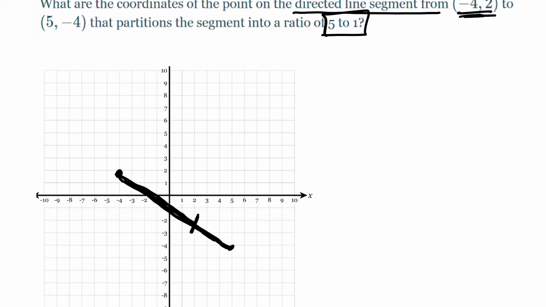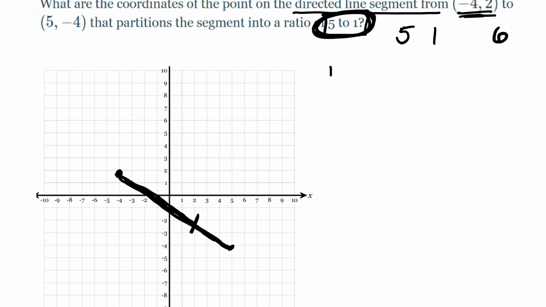Now again, we are not comparing a part to a whole. In this case, this is a ratio. So we need to find where the proportion of this line is going to be. What we actually have is 5 parts and 1 part for a total of 6 parts. So this is a 6-part ratio. What we need to do is find the distance between each of these values.